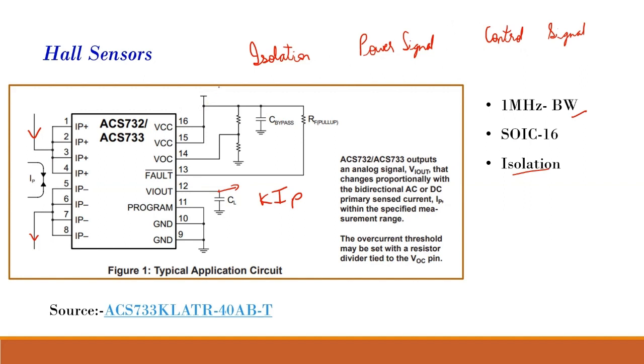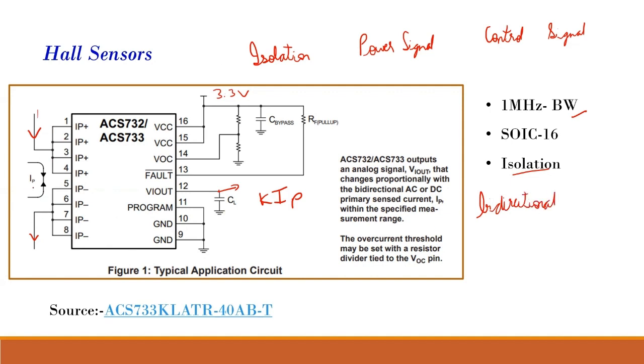Here we usually give the supply, around 3.3 volt. This is the biasing supply for this Hall current sensor, and this input is with respect to some other ground. This input current is flowing with respect to some other ground. This IC supports bidirectional current sensing.